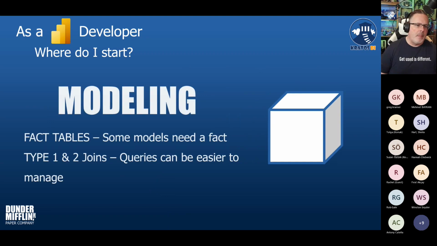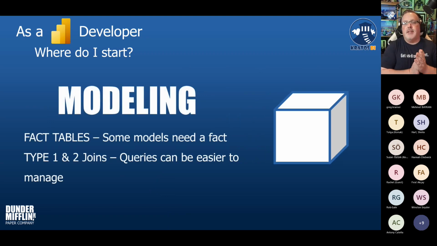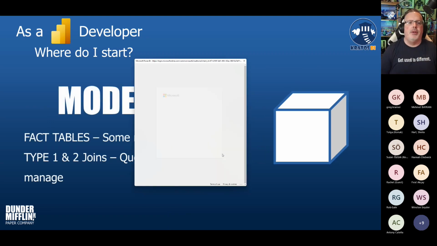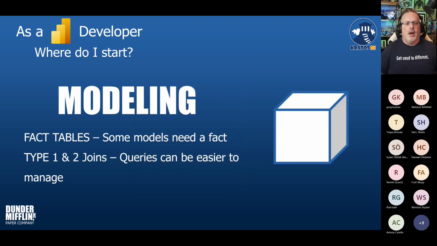This also leads you to the point where you can start to do some additional modeling inside your tables. Where we had a model that was not necessarily set for a star schema, we could start to get to a more true fact and dimensional model. That makes it easier to create and manage type 1 and type 2 joins.